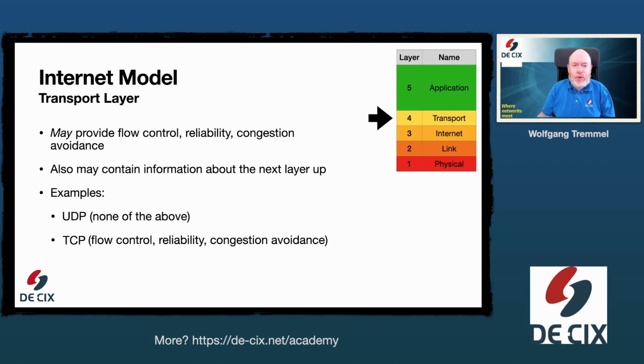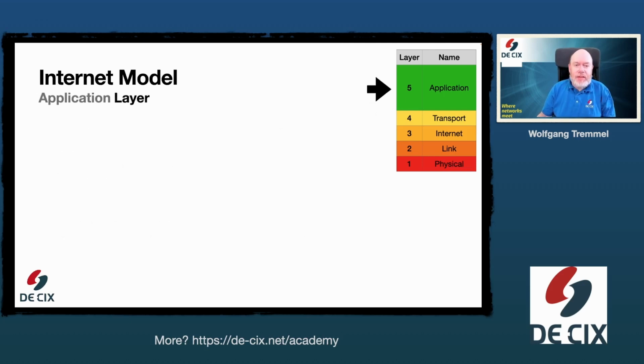TCP providing flow control, reliability, congestion avoidance. UDP providing none of them. But they both may contain information about the next layer up, like port numbers. So now today, the first protocol on the application layer.